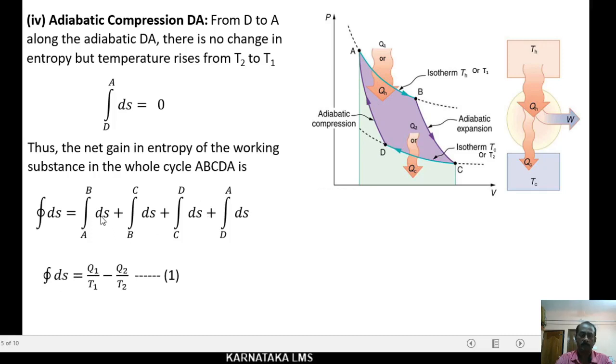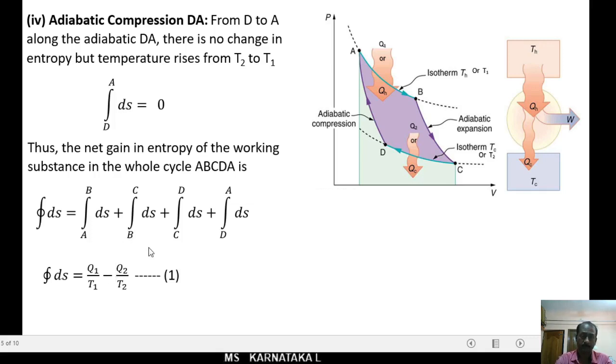By substituting all the four quantities for this one, you have got Q1 by T1 for the first one, isothermal expansion, entropy increases here, Q1 by T1. The second term, adiabatic expansion. During adiabatic expansion, there is no change in entropy, it is taken as 0, hence there is 0.